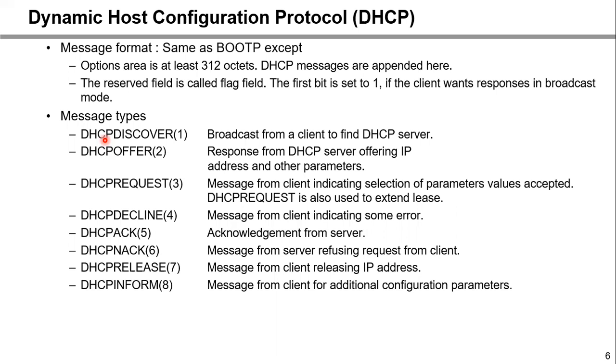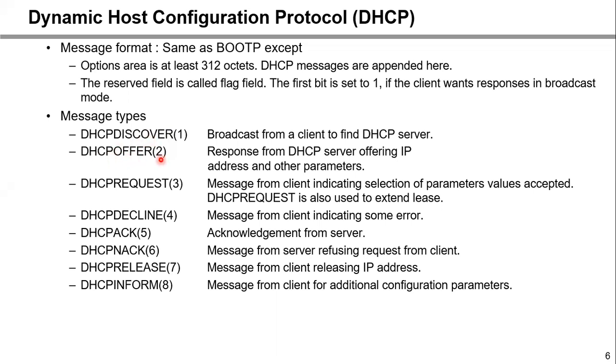So when a client joins the network, it discovers the DHCP server. It sends a message, DHCP discover, asking who is the teacher, who is the server. And this is just that message.